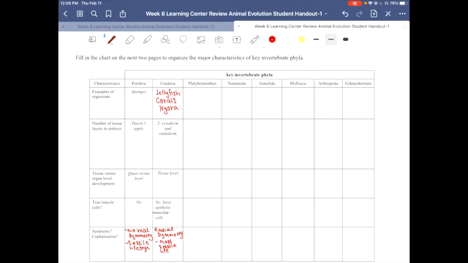Flatworms fall under this. The types you could think of are planaria, flukes, and tapeworms.